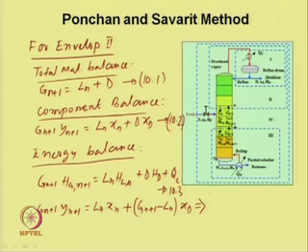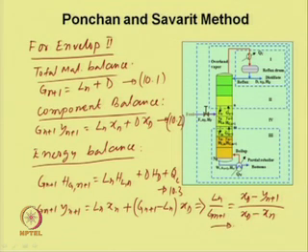Which will give Ln by Gn plus 1 would be equal to xD minus yn plus 1 divided by xD minus xn. So, this is equation number 10.4.